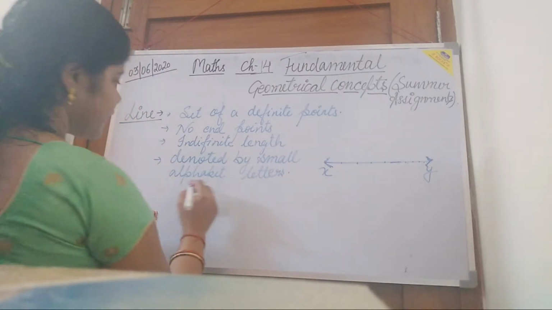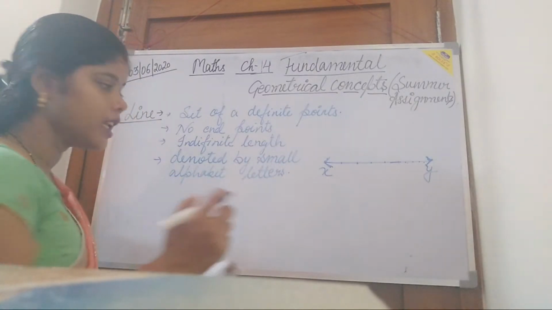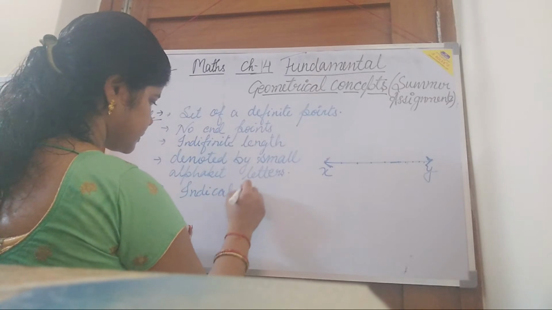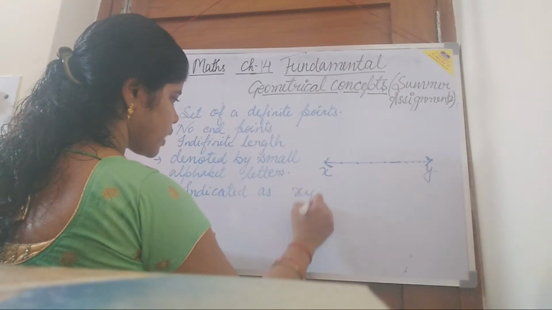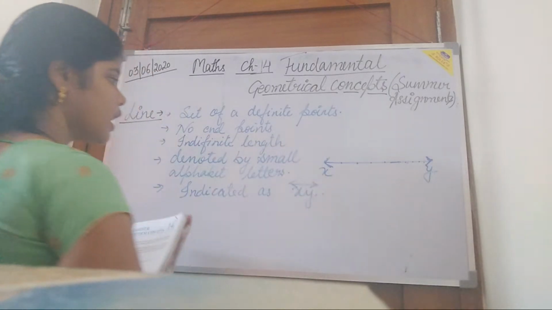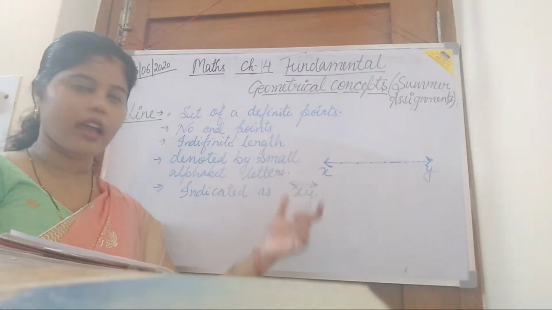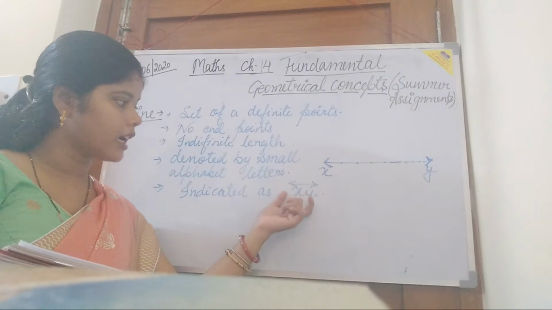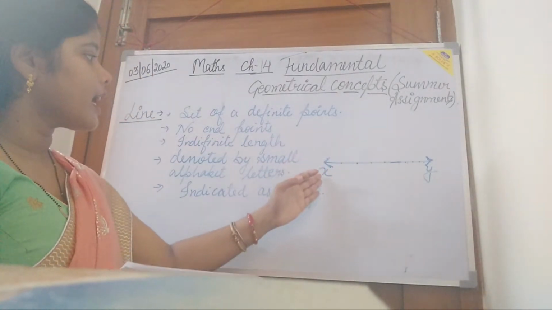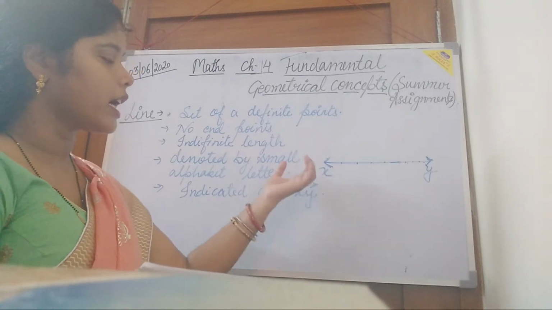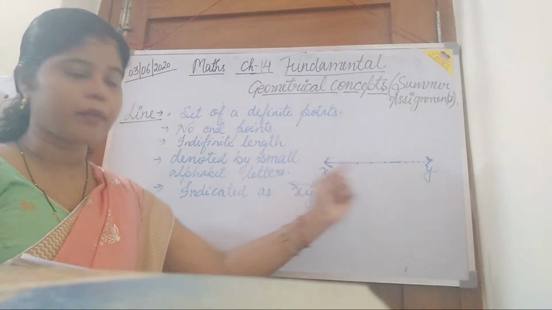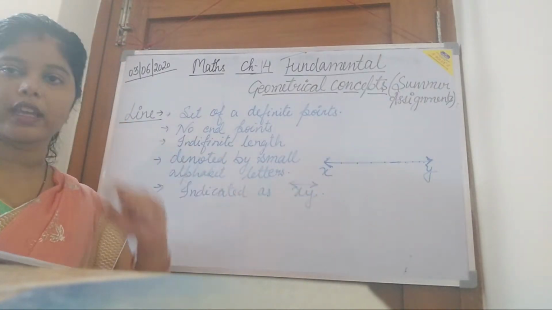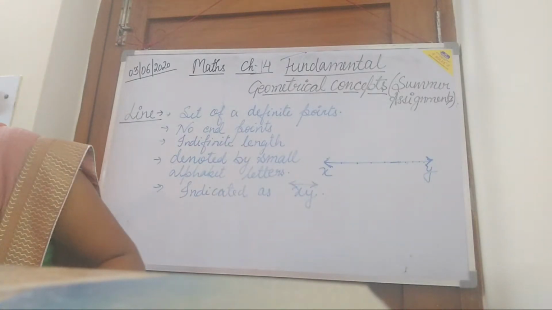If you have to write the line, you put an arrow above it on both sides, which indicates that XY is a line, and we write its endless points as small letters X and Y. So you can write it as line XY. So this is a line.